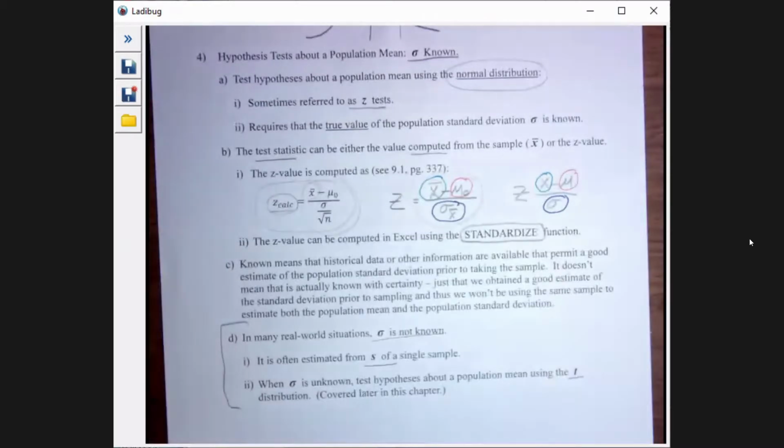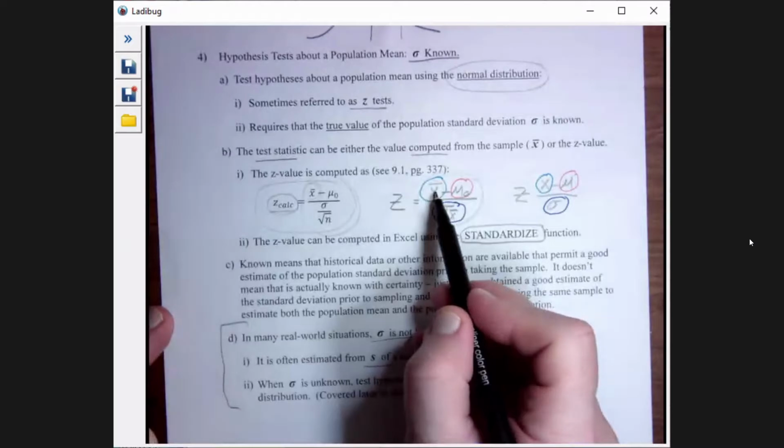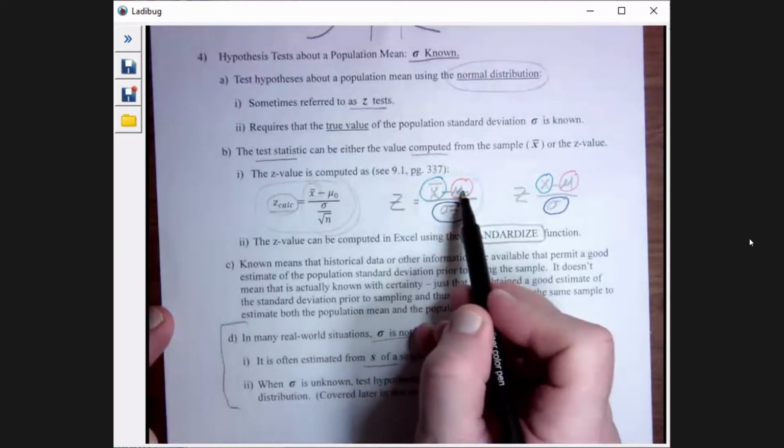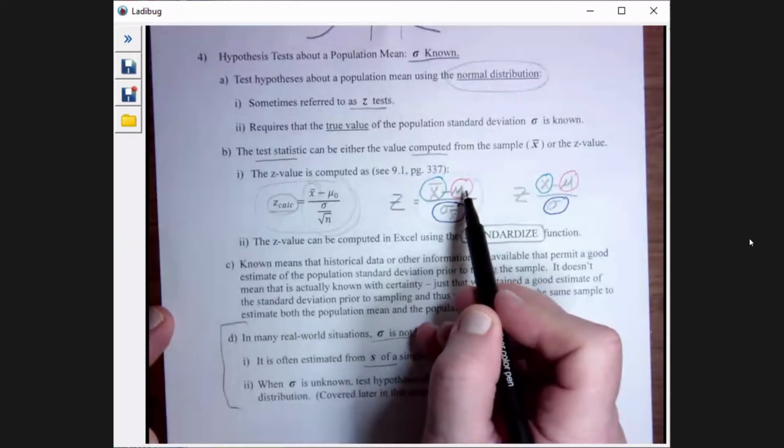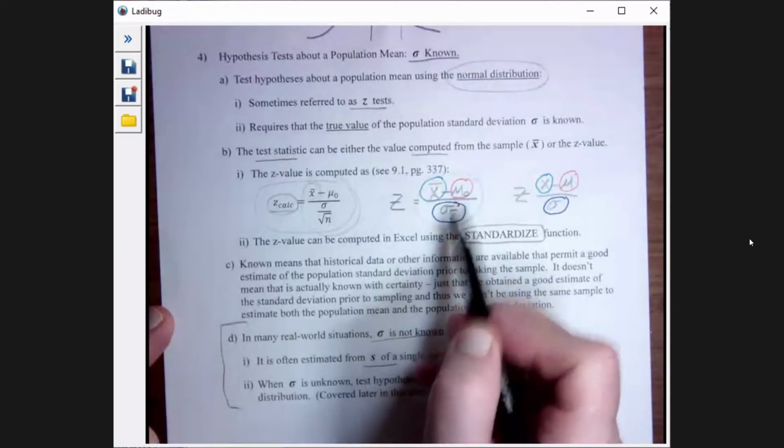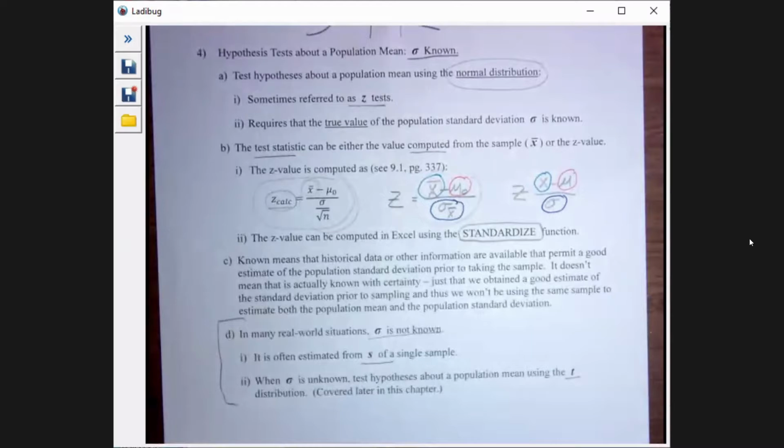Do I have X bar? Yes. Do I have mu naught? Yes, look at the spreadsheet. But we don't have standard error? No. Remember we talked about this, I kind of gave you this warning back in chapter 8, that when we do confidence intervals, we didn't have to compute standard error directly because the confidence function does it for us.